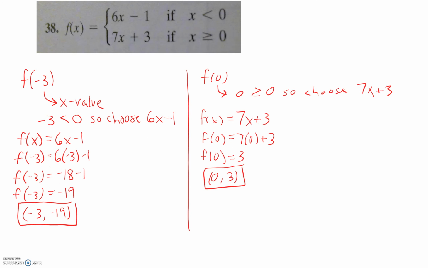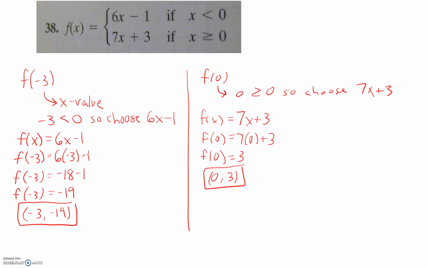Here's the second problem from the book, number 38. This time it's defined as two different linear equations and still giving us the same if x is less than 0, if x is greater than or equal to 0 as the two parts or the two pieces of the function. The first one I'm asking you to do on the left is f of negative 3. Since negative 3 is less than 0, we choose the first equation.